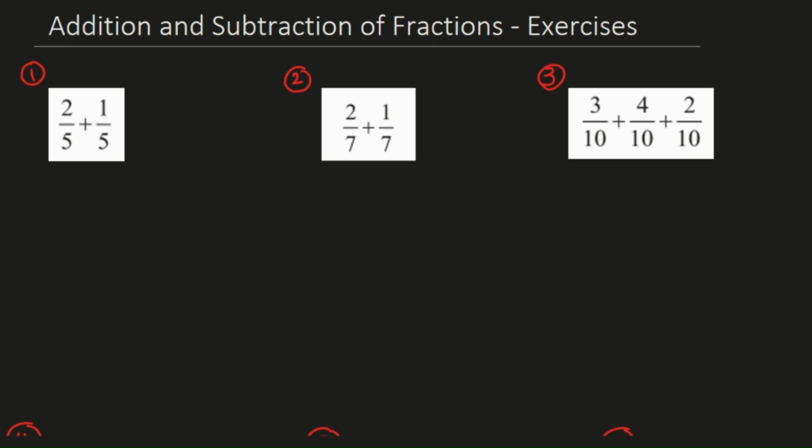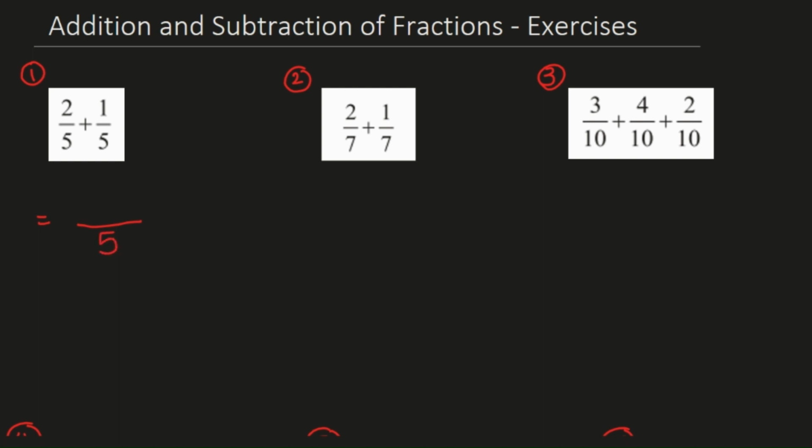Here, you have been asked to add 2 upon 5 and 1 upon 5. The denominators of this question are the same. Both of them are equal to 5, right? So the answer's denominator also will be 5.